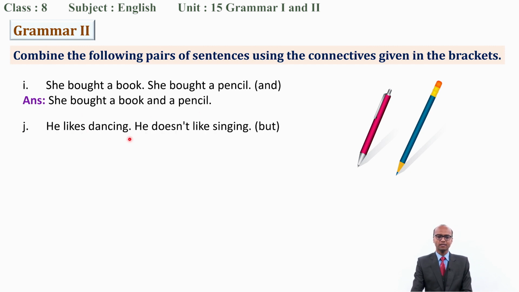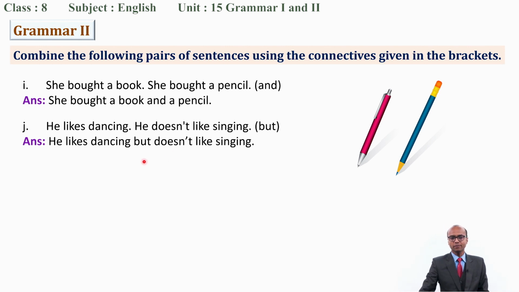J, he likes dancing, he doesn't like singing. Now look at the contrast, okay? And the answer is yes, he likes dancing but doesn't like singing. Again, the same subject is given. That's why you can remove or delete the subject in the answer here. He likes dancing. His brother likes singing.